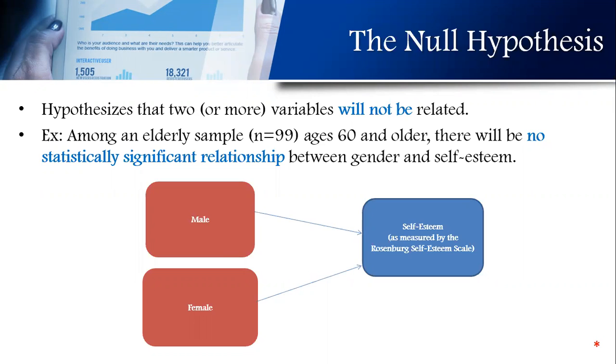For example, a null hypothesis might be, among an elderly sample ages 60 and older, there will be no statistically significant relationship between gender and self-esteem.